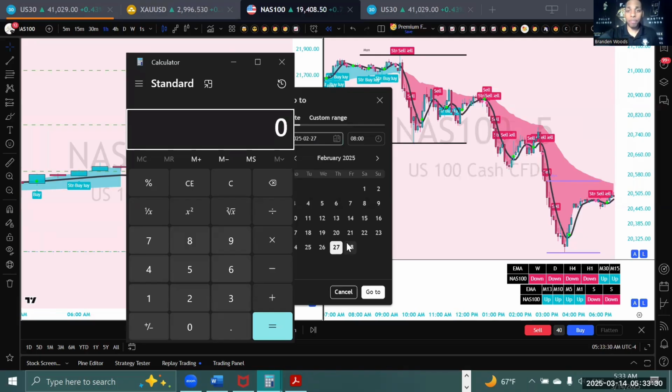2 contracts is, you guessed it, 10. 3 contracts is $15 per tick. Just like $5 per pip, $10 per pip, $15 per pip. On futures, it's one contract equals $5 per tick. 2 contracts, $10 per tick. 3 contracts, $15 per tick, right?